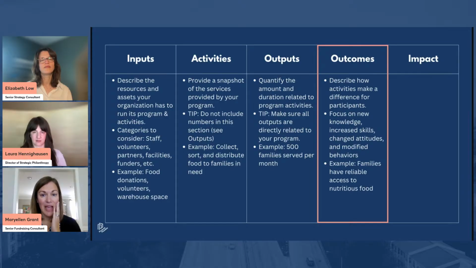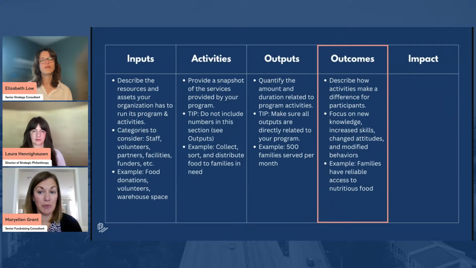And a good way I find to break down outcomes is to return to your activities and, building on your story narrative, continue with the if-then structure. So if activity, then participant will outcome, right? So I'll use our example.